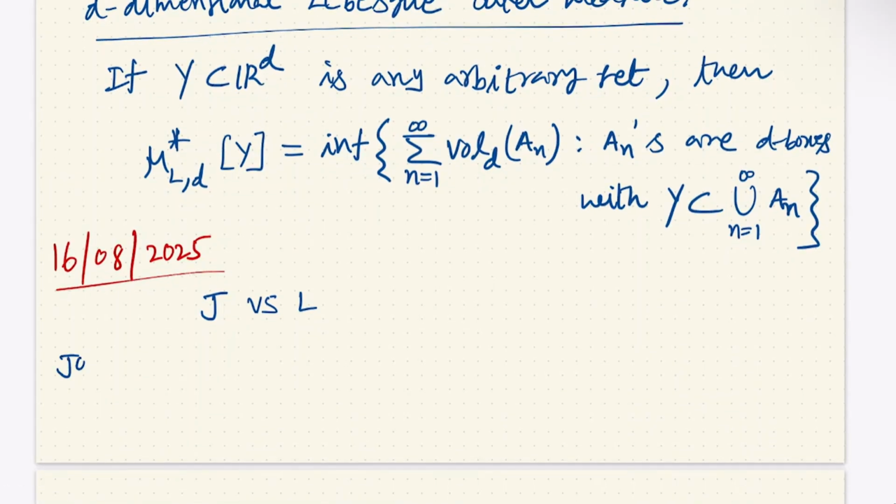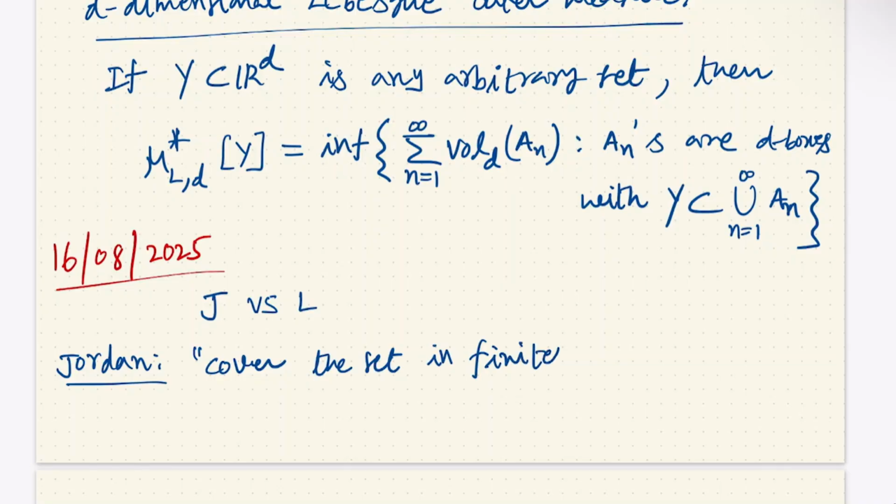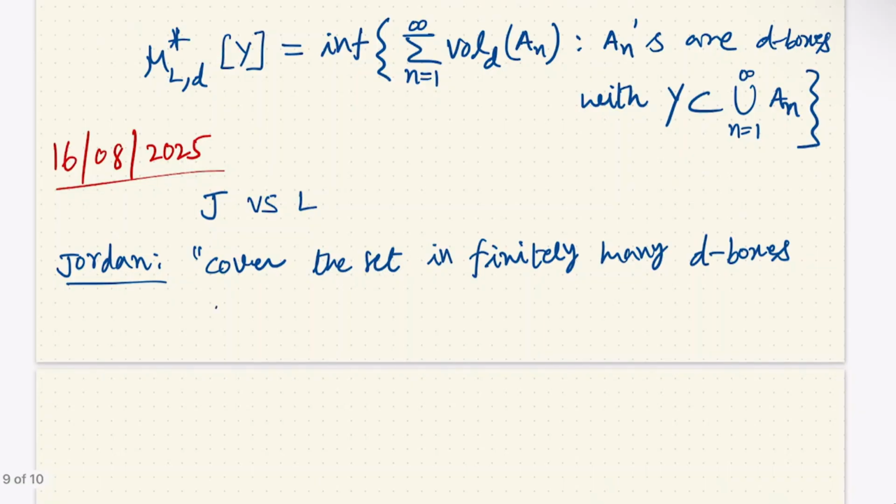What the Jordan definition says, simply, you can think of it like this: cover the set finitely, not infinitely, meaning with finitely many D boxes, and take the smallest total D volume.